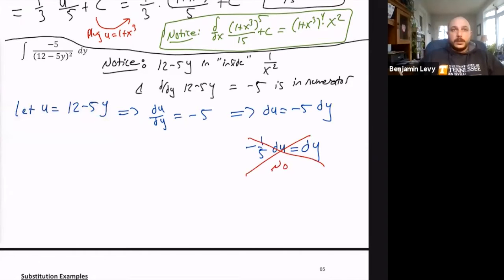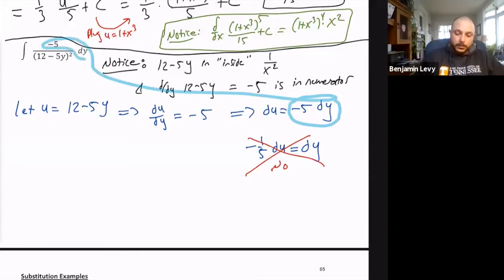And the reason is because the thing I'm about to circle, minus 5 dy, is part of the problem. Right? I've got the minus 5 dy circled in the original problem and in the thing we're going to substitute.